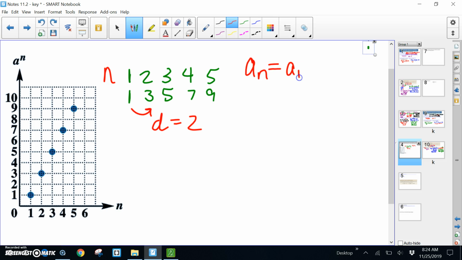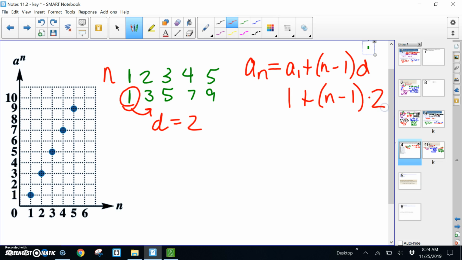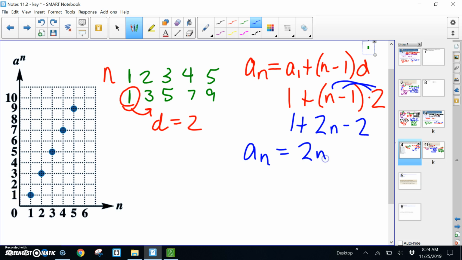The nth term is the first term plus n minus 1 times d, where the first term is 1. We're talking about the nth term here, and the d number is 2. So we can clean this up. Distributive property, 1 plus 2n minus 2, or 2n minus 1.